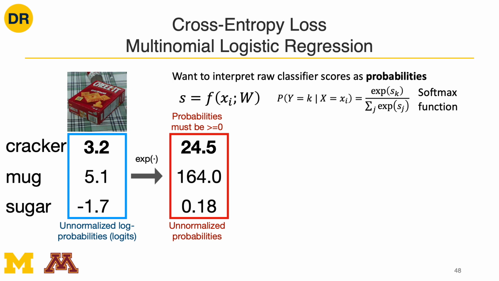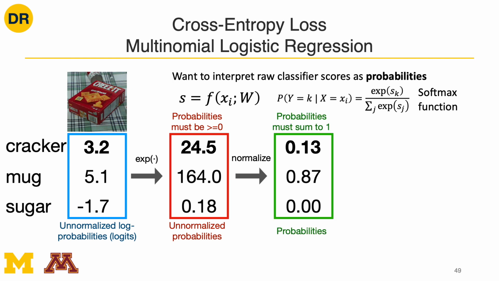Then we'll normalize. We'll take the sum over all of those unnormalized probabilities, and divide each of them by that total sum to produce our final probability list, which is in the green column. Now we've guaranteed that the probabilities sum to 1 by the final normalization step.